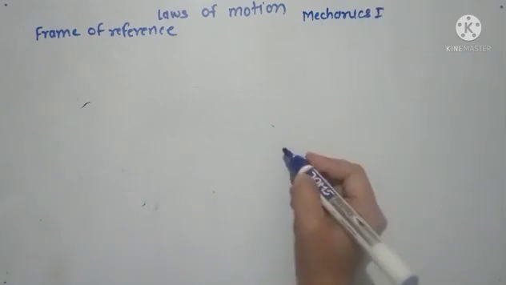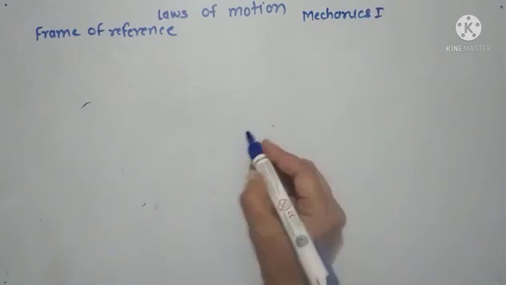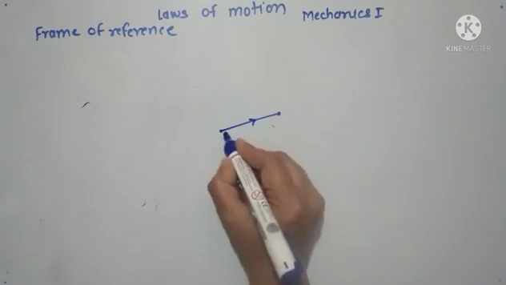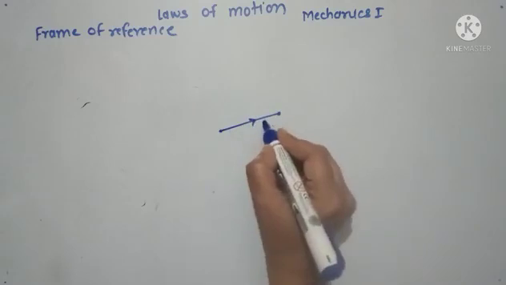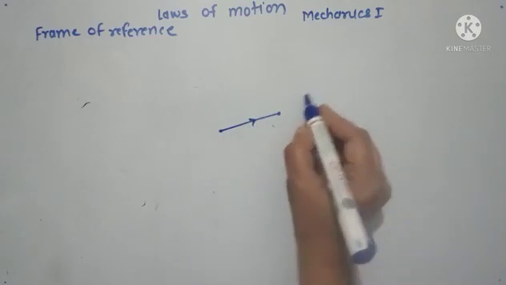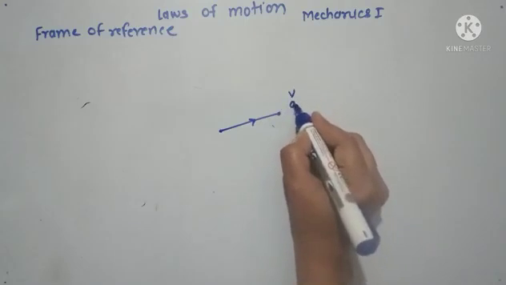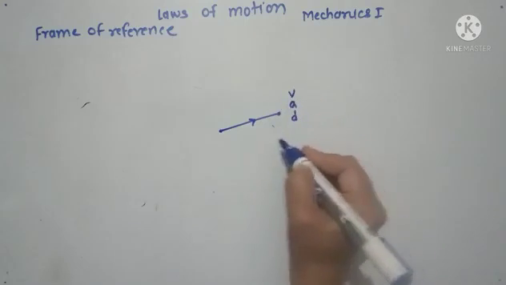Mechanics is nothing but any object which is moving from one place to another. We are dealing with all the properties of its motion, like velocity, acceleration, and displacement.